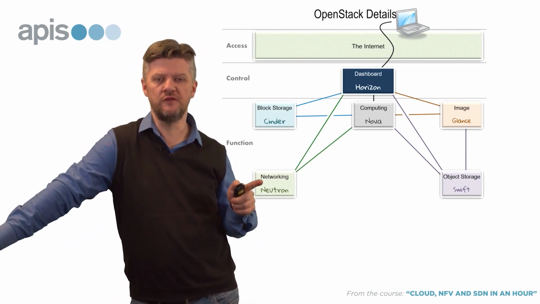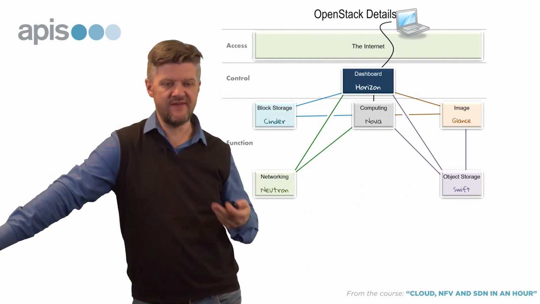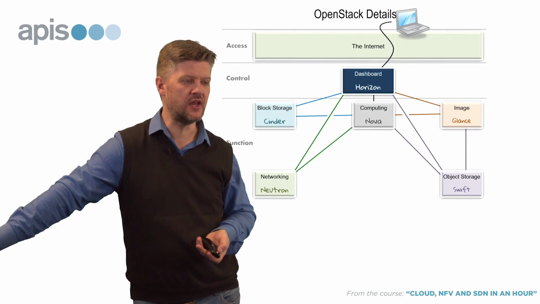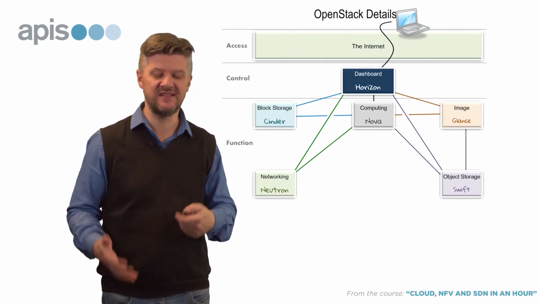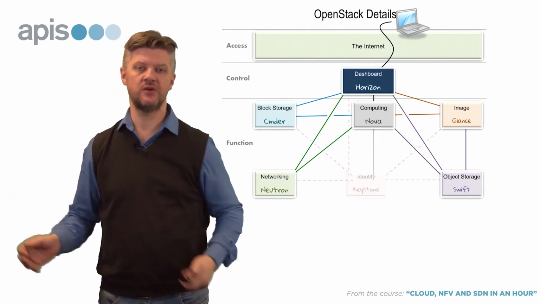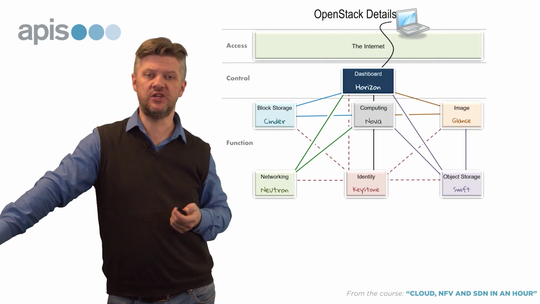We have a module for networking, which is called Neutron. It can behave as a router, as a switch, as a load balancer, as a firewall, all kinds of things. It can behave as a NAT for virtual machines to reach the outside world. And then there's a module that handles security.